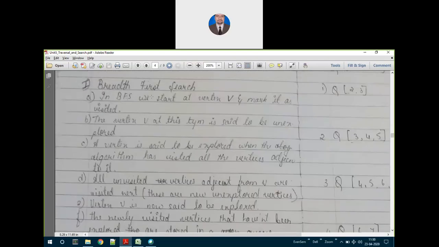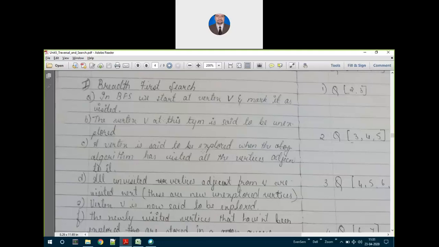So, breadth first search. In BFS, we start at a vertex P and mark it as visited. Then the second step: the vertex P at this stage is said to be unexplored, because it is just visited. Its adjacent vertices are not yet visited.